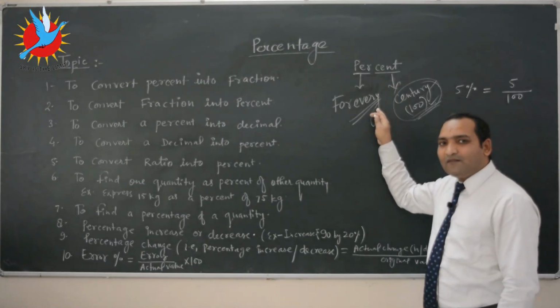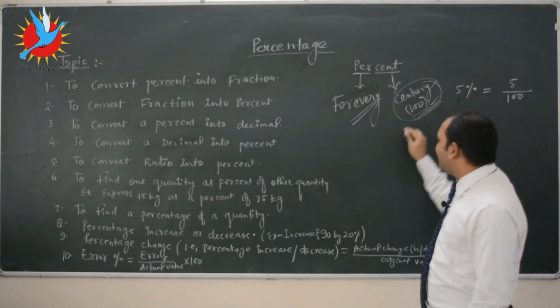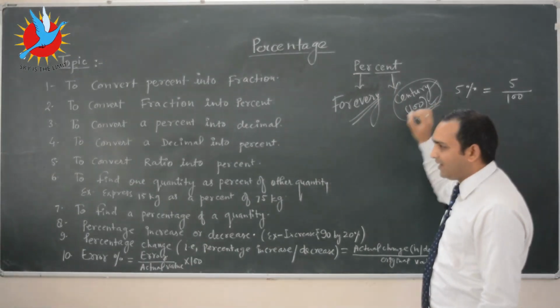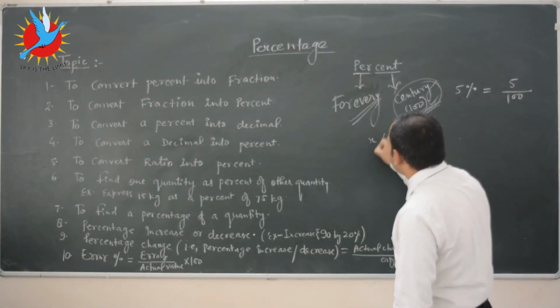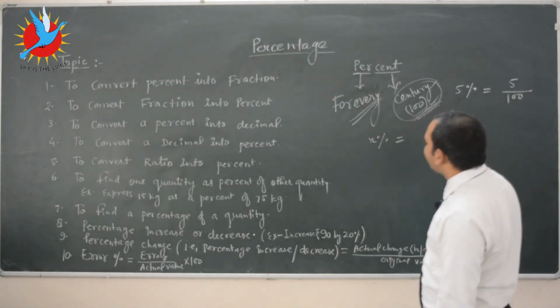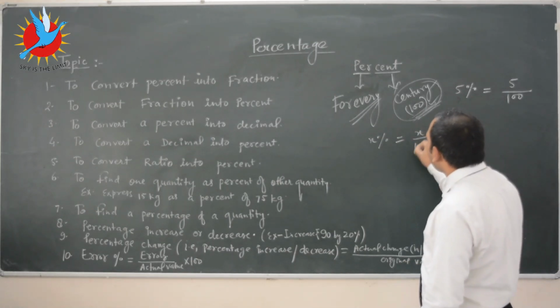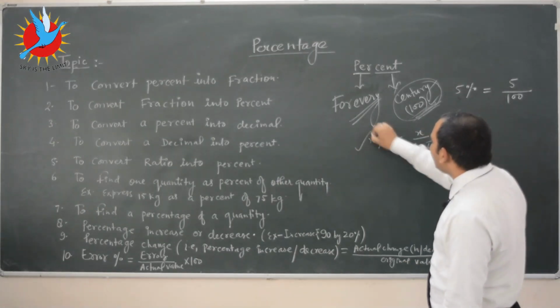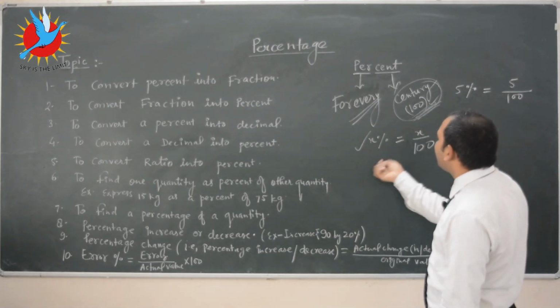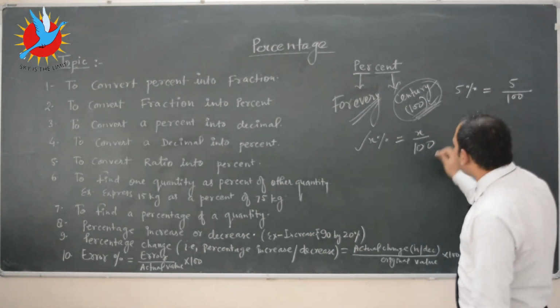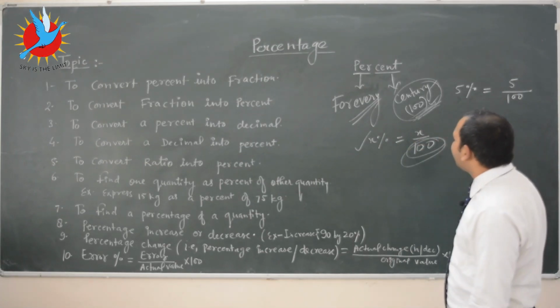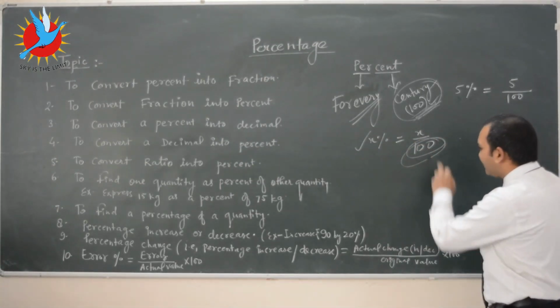Percent is a fraction in which the denominator is always 100. Consider x percent. It means x out of 100. We can always convert percent into a fraction in which 100 is the denominator.